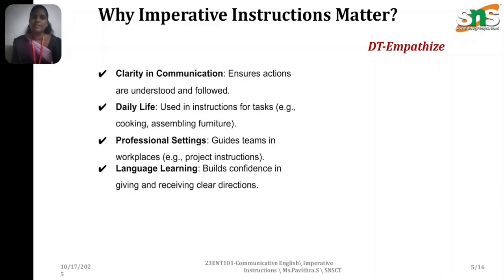So why do imperative instructions matter? They matter in communication to ensure clarity, so that actions are understood and followed by people.